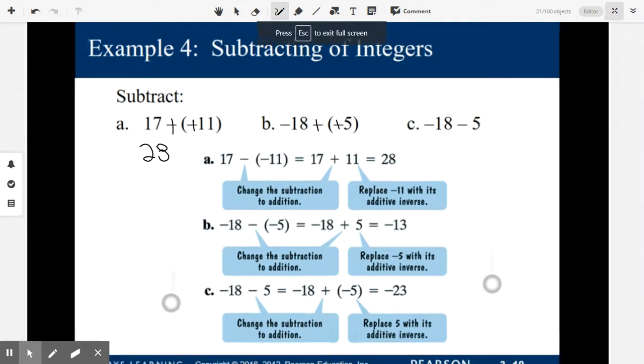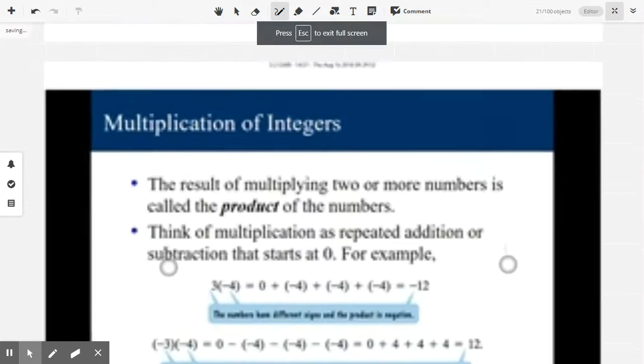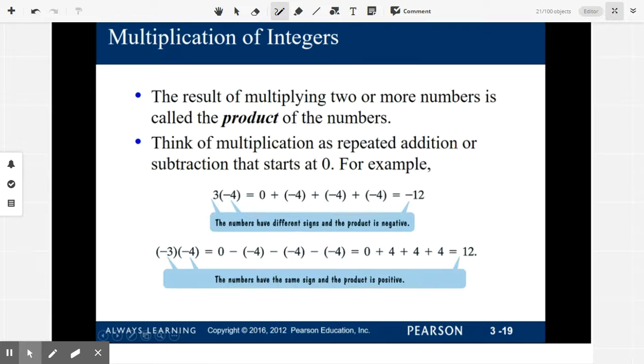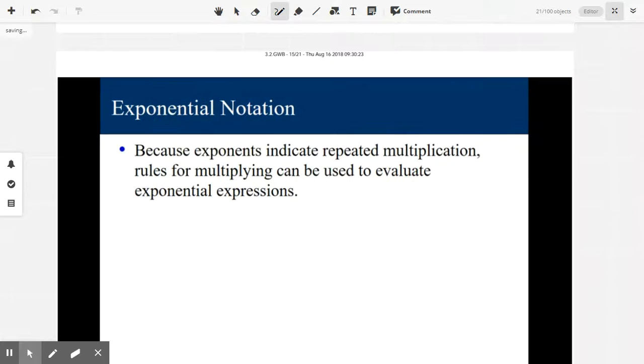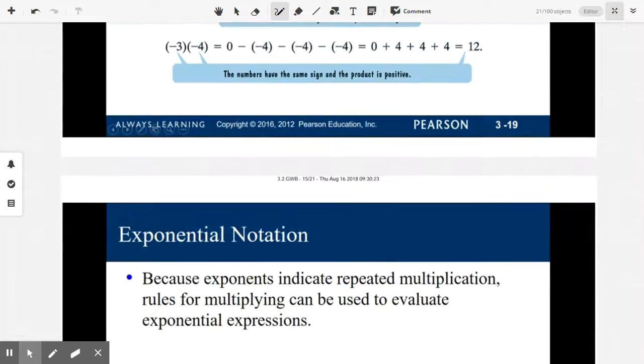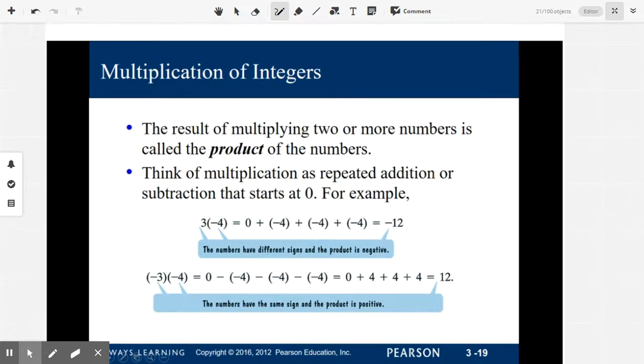All right, so no reason to go through that very much. Multiplication of integers. It is helpful to remember, and we're not going to talk about repeated addition. Well, let's go right back here to multiplication real quick. This is sort of separate from here.